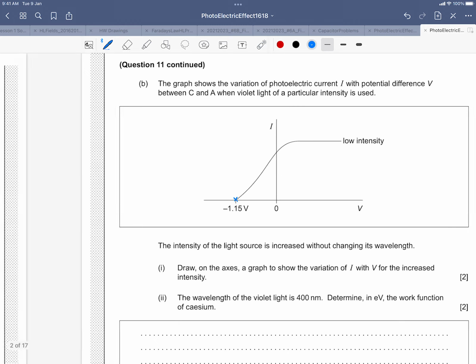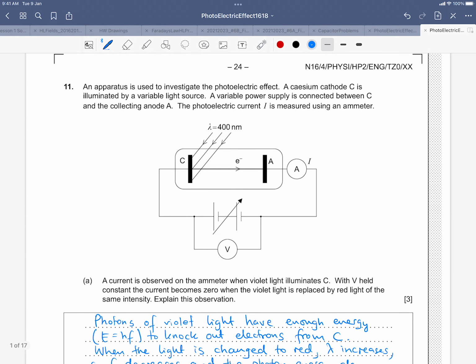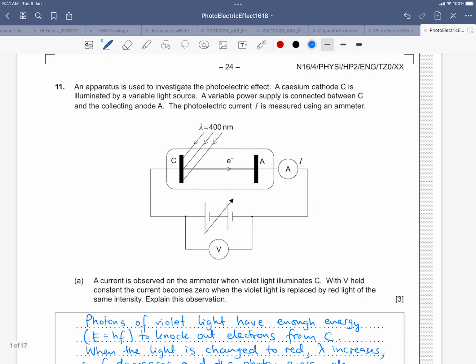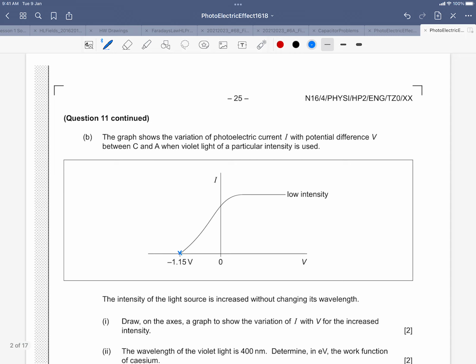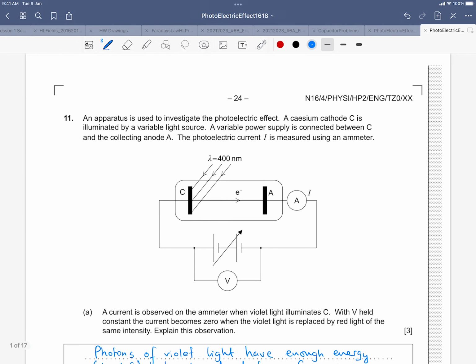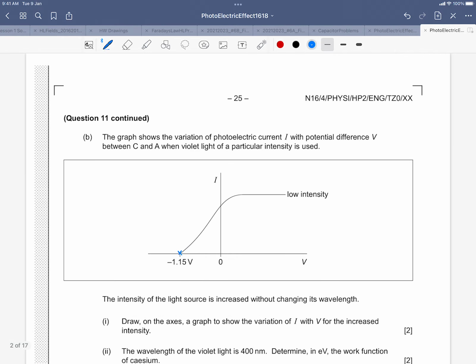That's how much we need to adjust our power supply to in order to deflect all the electrons, and the current becomes zero. If we were to increase that voltage, make it less negative, then some of the electrons would make it over to the anode, and we would have a current.